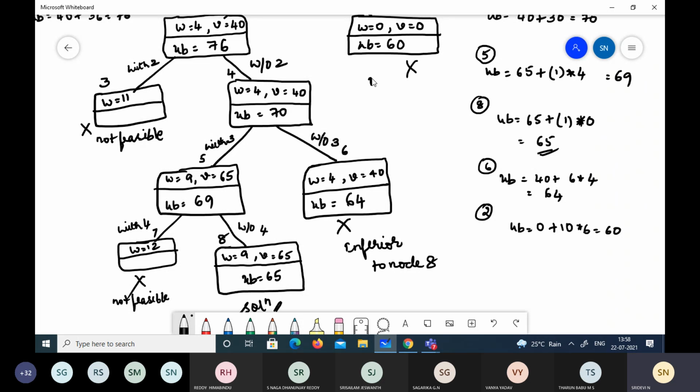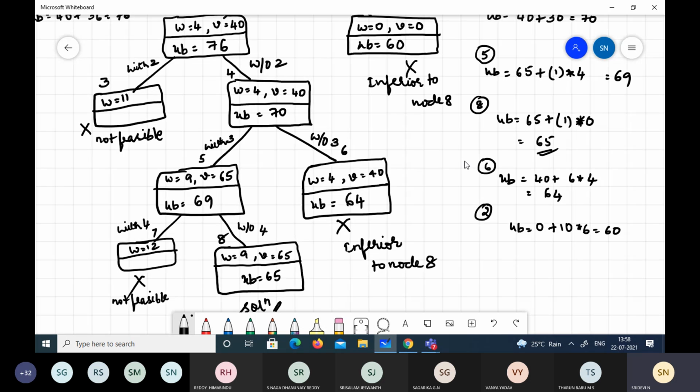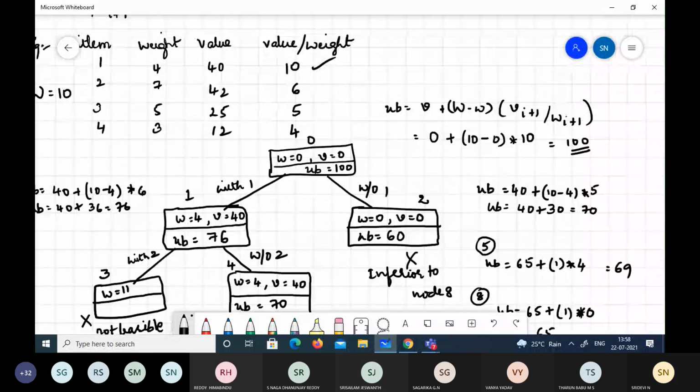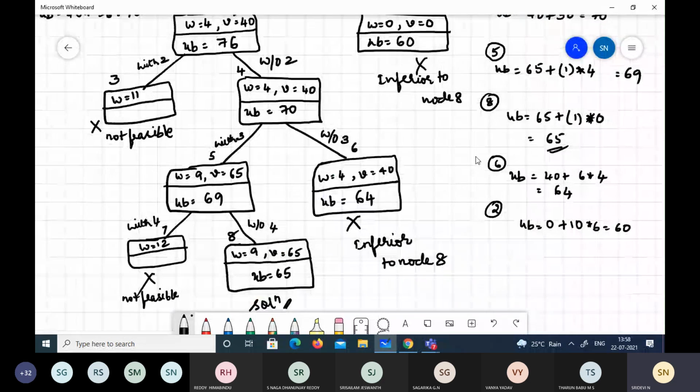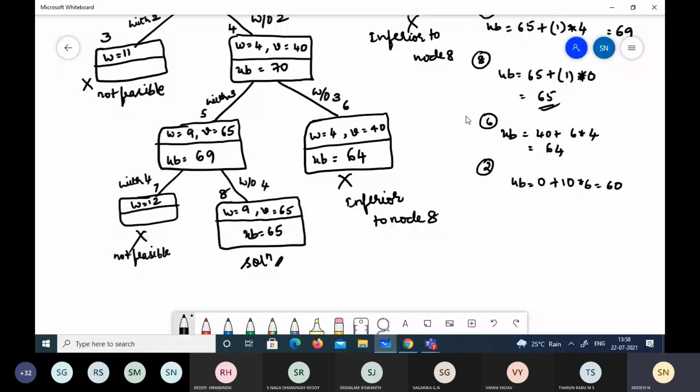So we say that they are inferior to node 8. So this is the solution. We have chosen the objects and got the profit here as 65. This is by using branch and bound. This is how we solve the knapsack problem using one more approach, that is branch and bound.